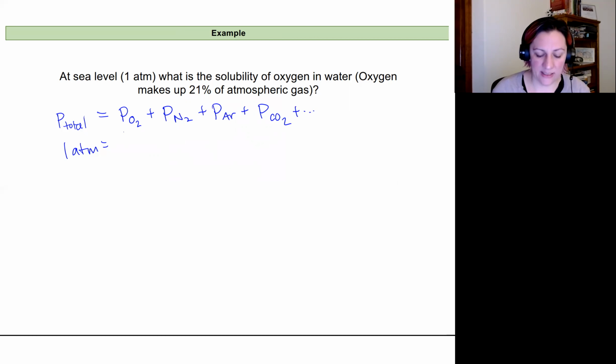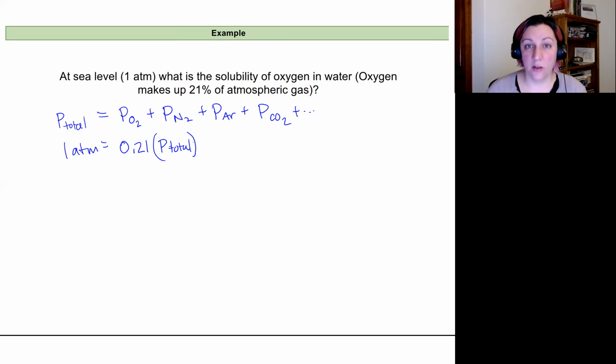That means our partial pressure of oxygen here is going to be 0.21 times our total pressure, which is 1 atmosphere, right? And the rest of the gases are going to occupy the 0.79 times our total pressure, the sum of them, right?